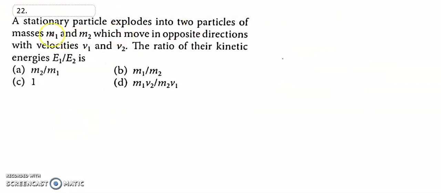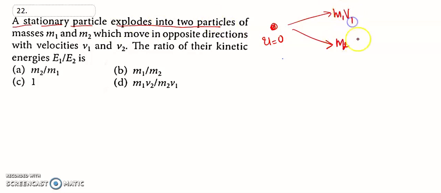So 22 question anna nodi, a stationary particle explodes into two particles of mass. Nodi, so this is stationary, means u is equal to 0, explodes into the two particles. So with mass m1, this mass m2, this velocity v1, this velocity v2.